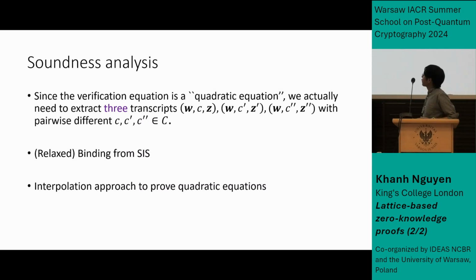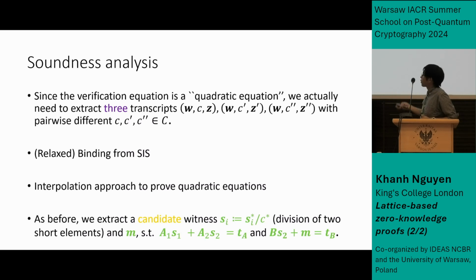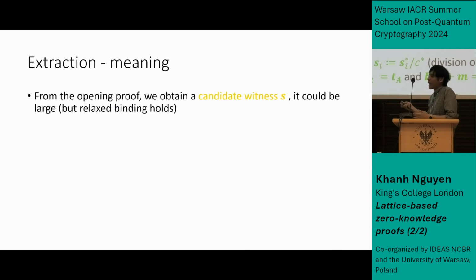In terms of soundness analysis, it will be similar as before. We first want to have 3 different transcripts with the same first message, but different CIs, so C, C prime, C double prime. Then we use some kind of interpolation to deduce the quadratic equations. The problem is that we still end up with this relaxed binding property, so this relaxed relation. As before, we extract some candidate witness, so short divided by short. It's just a candidate witness, right?